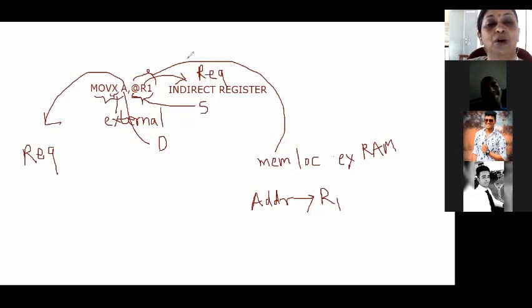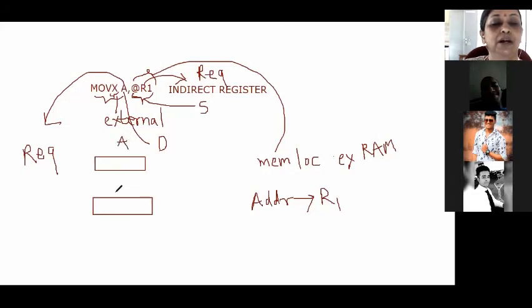So what we can show here is that suppose this is the accumulator and this is your external RAM, XRAM, meaning external RAM. And you also have register R1.